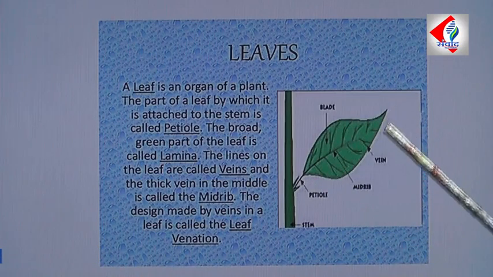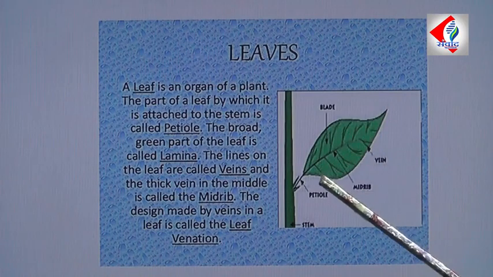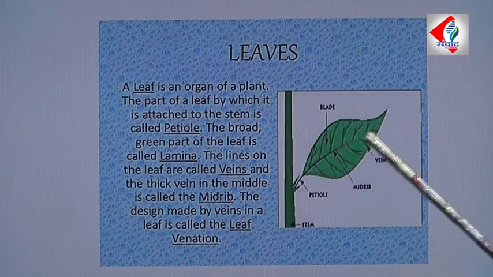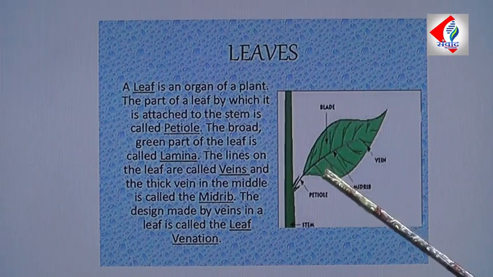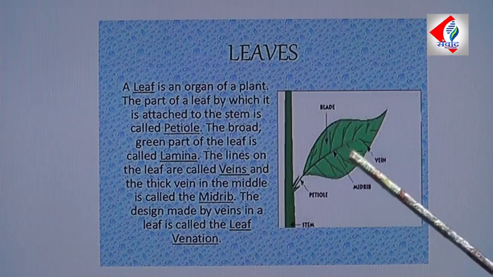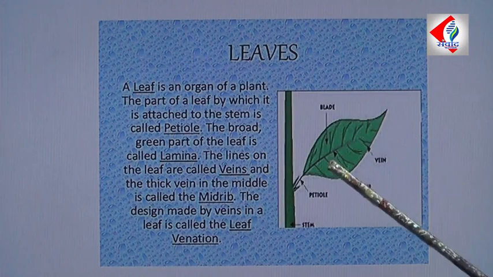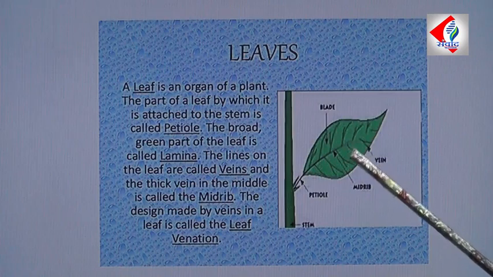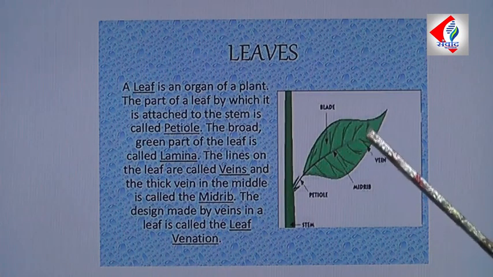The broad green part of the leaf is called the lamina. The lines on the leaves are called the veins. There is a thick vein in the middle of the leaf which is called the midrib, and these veins make a pattern on the leaf which is called venation.